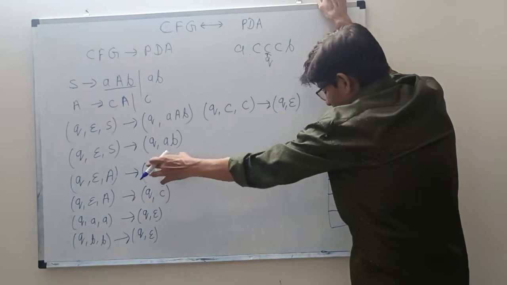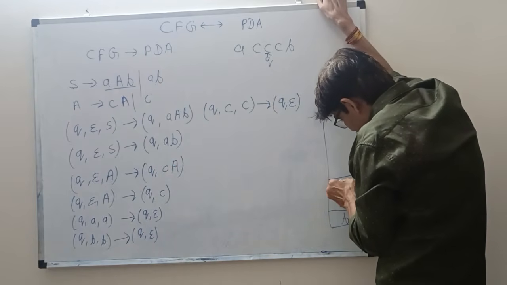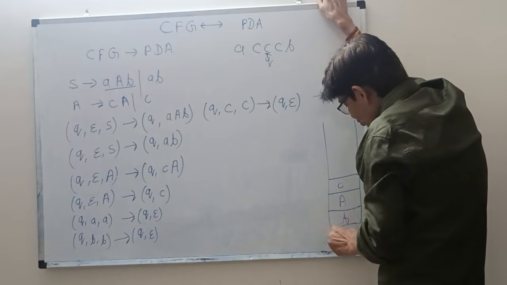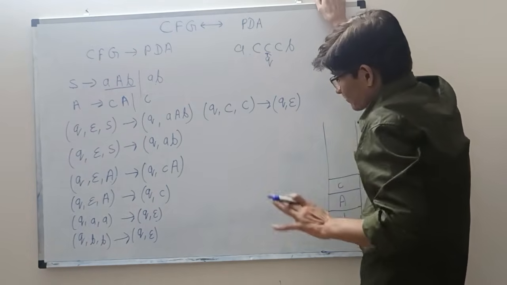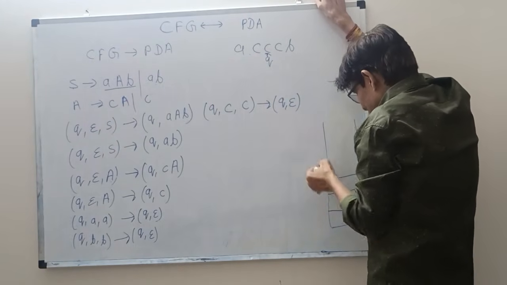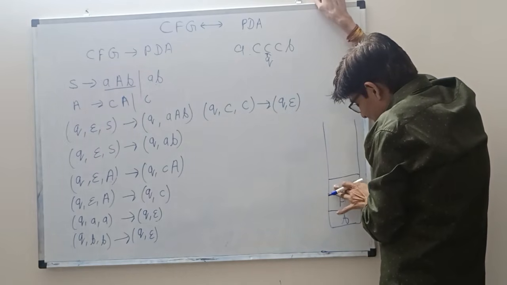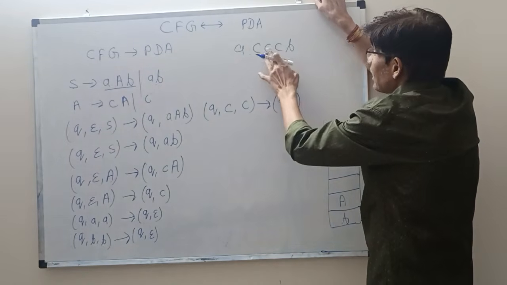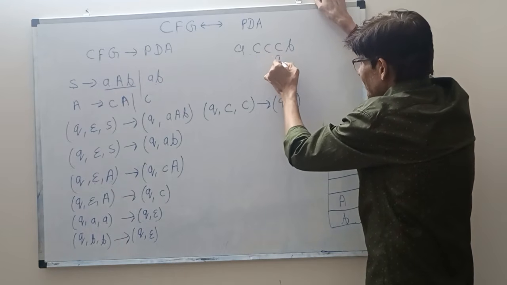So I will remove this A and I will push CA in reverse order into the stack. So this would be the stack situation after this. Now I'm in q, I'm reading c, stack top is c. According to this rule, I can remove this c from here, and as I'm removing an element from the stack, I can consume this input.